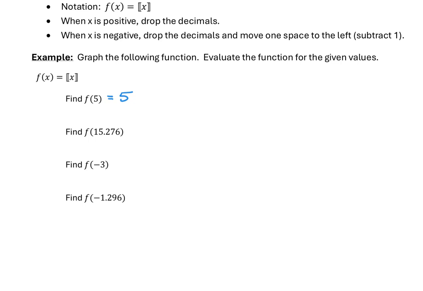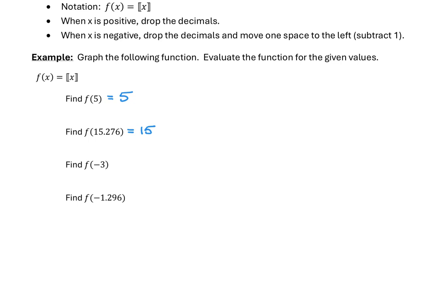Now let's look at the next one. We want to find f of 15.276. For this, we're just going to drop the decimal part, and so we get that this is equal to 15. 15 is the largest integer that is less than or equal to 15.276.